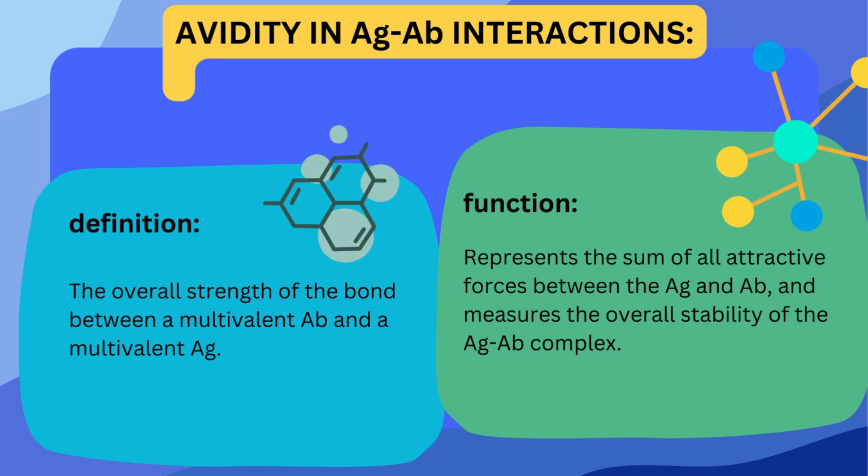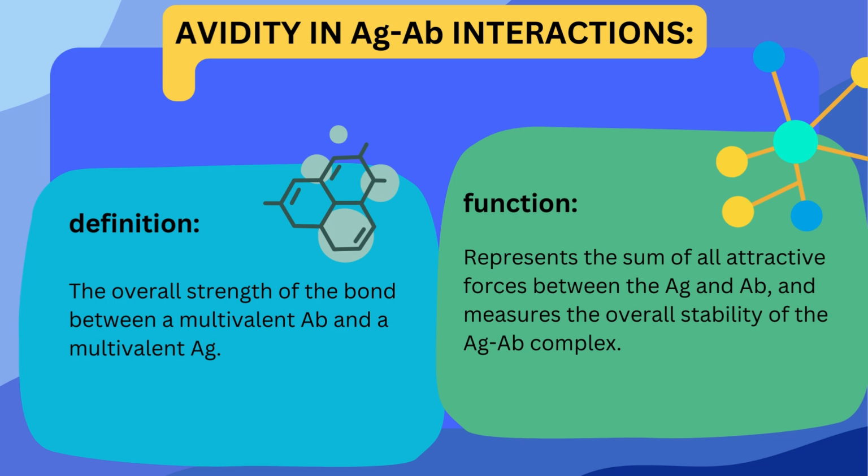So avidity in antigen antibody interaction. Let's define avidity. It refers to the overall strength of binding between a multivalent antibody and a multivalent antigen. Unlike affinity, which describes the strength of a single antigen antibody bond, avidity is really the reflection of the cumulative effect of all the binding, guys.